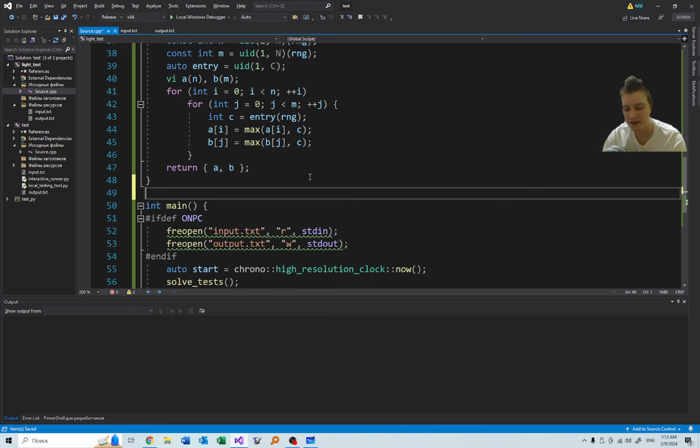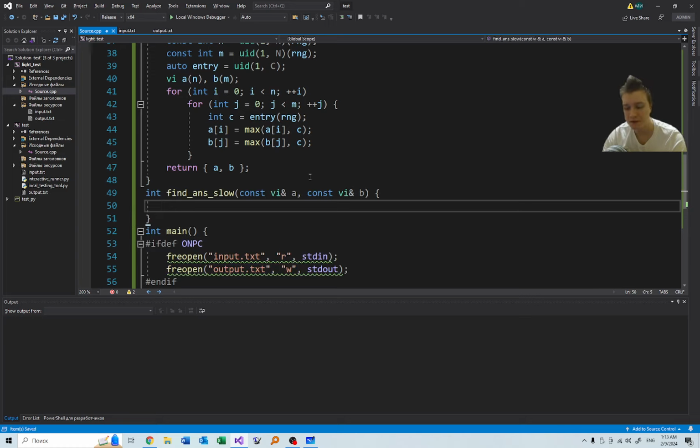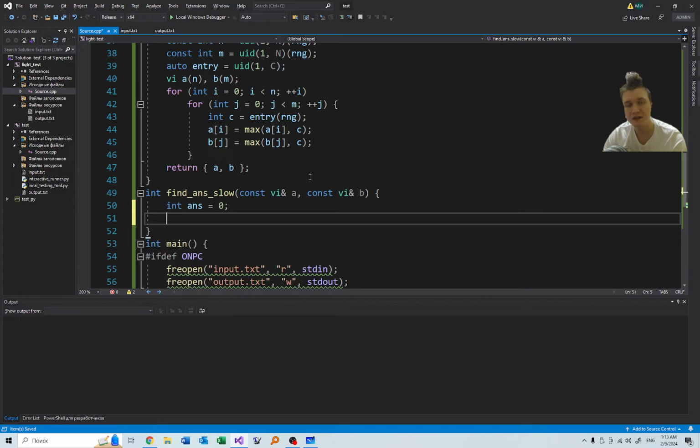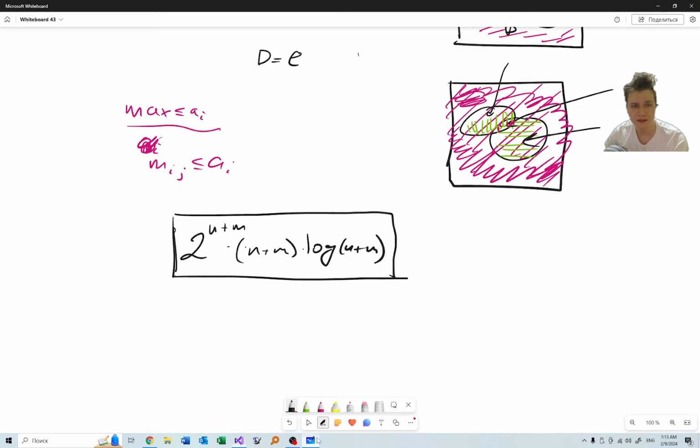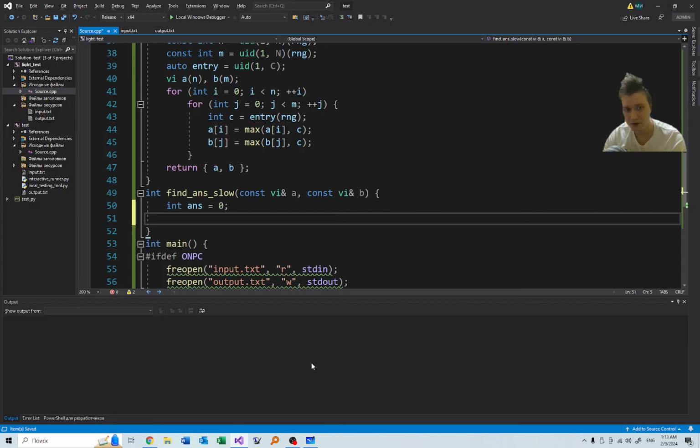Then let's make a slow solution, where we simply calculate the answer with the inclusion-exclusion principle. Actually, I can do it in NM time, I don't care. So let's simply consider all masks.